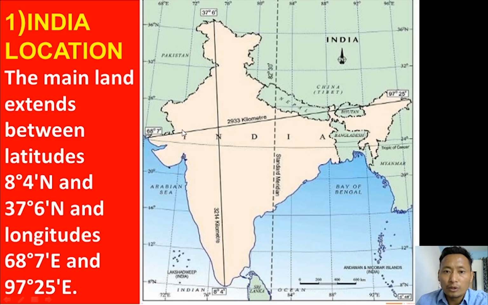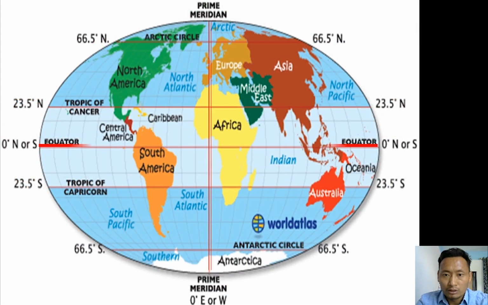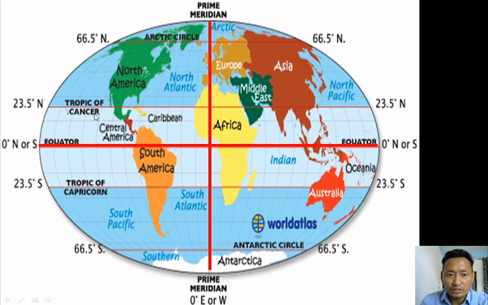So geographically, we can show the location of a particular country with the help of the geographic coordinate system, that is latitudes and longitudes. This is the location of India in terms of latitudinal and longitudinal extent. So this is the equator, this is the prime meridian, and here we have India in this blue line.